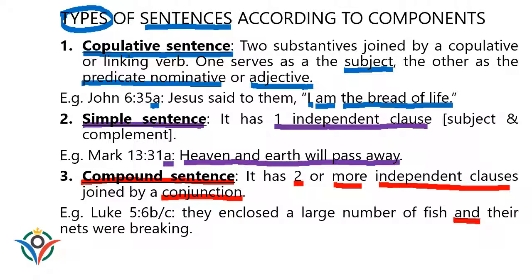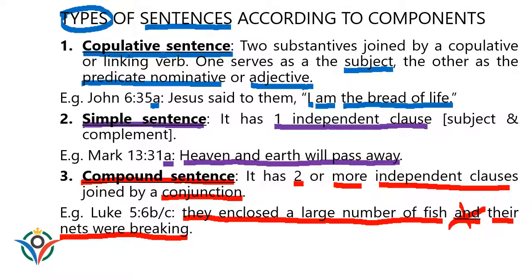So it says, they enclosed a large number of fish and their nets were breaking. All right, so you have here two independent clauses joined by a conjunction. In other words, if we took away the conjunction, we could put full stops at the end of both those sentences because they can stand by themselves.